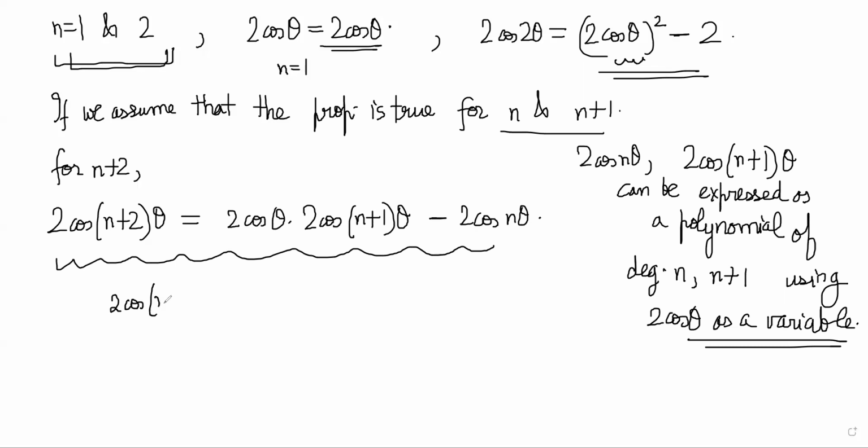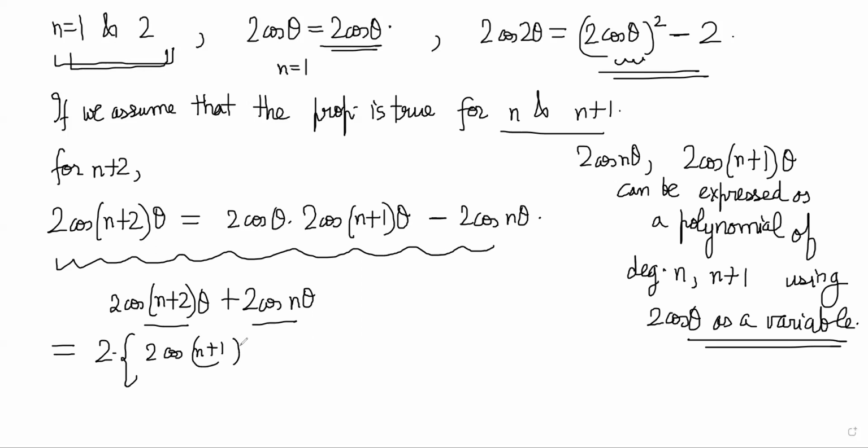Think about it. 2 cos (n plus 2) theta plus 2 cos n theta. What is that? So 2 common. This is cos C plus cos D, right? So cos C plus cos D will be 2 cos (C plus D) by 2. So that will become (2n plus 2) by 2, so (n plus 1) theta, into cos (C minus D) by 2. That will be cos theta, which is what I have written here, right? So this is a trigonometric identity. It is easy to prove.